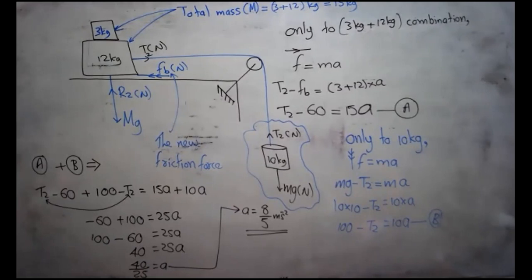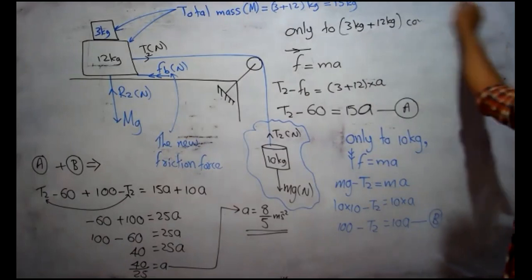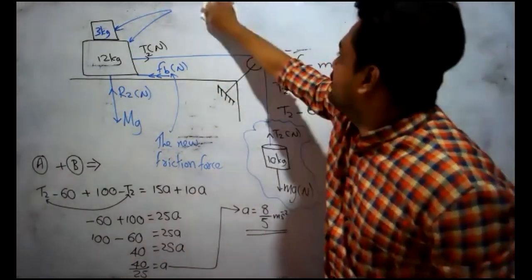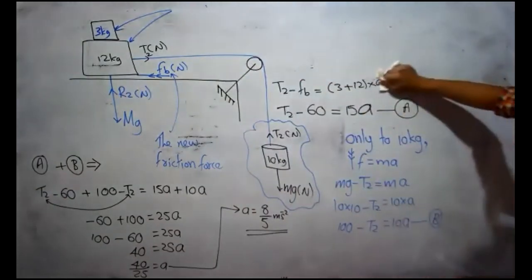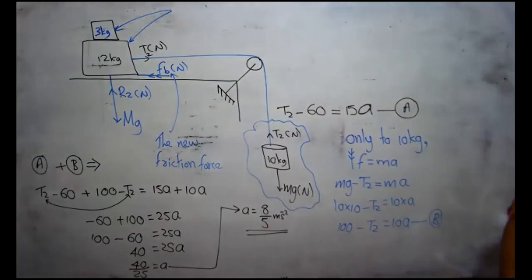Right, then how do you find the tension here? What should I do to find the tension? Substitute A into another equation. Yeah, let's use this equation capital A, then we can find the tension force.